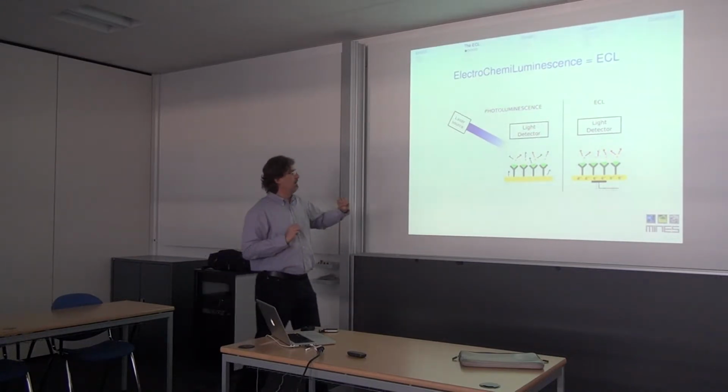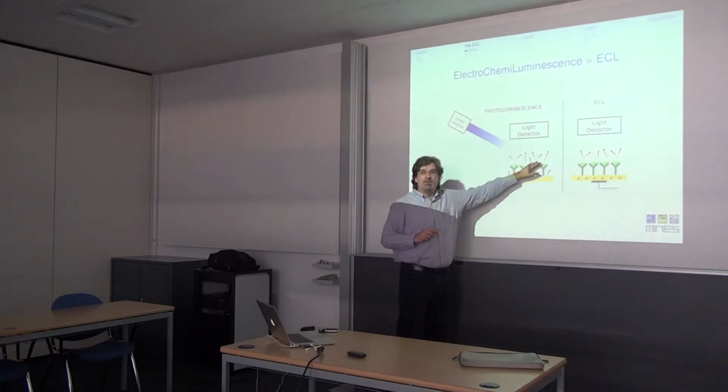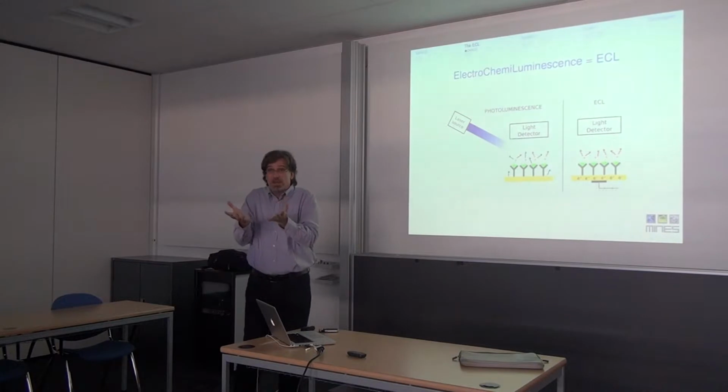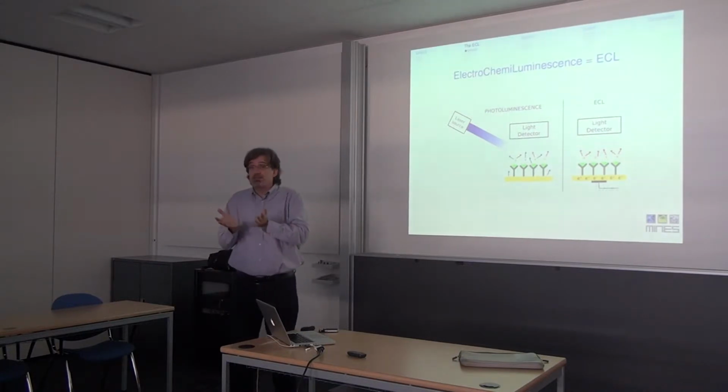So, I have emission, but you can imagine, I have a laser, so a very strong light. The power of a laser is high, of course, not too much, I don't want to burn my DNA.